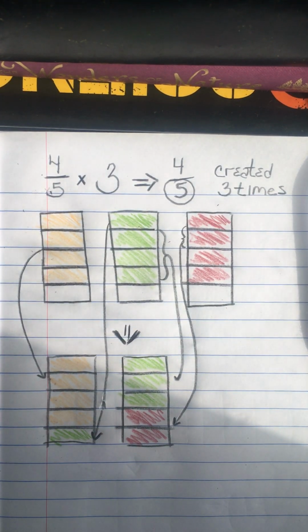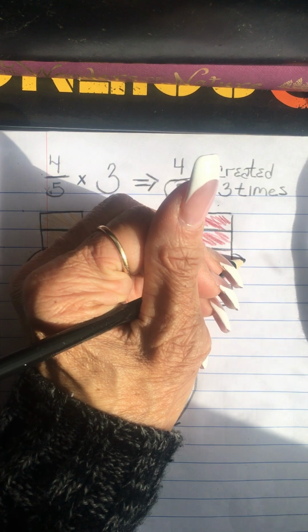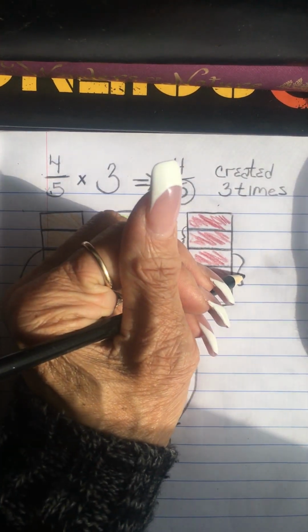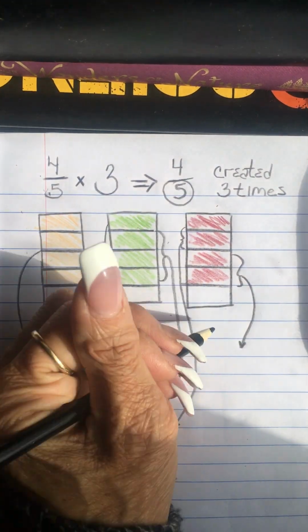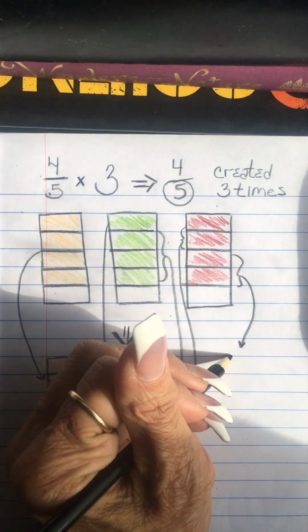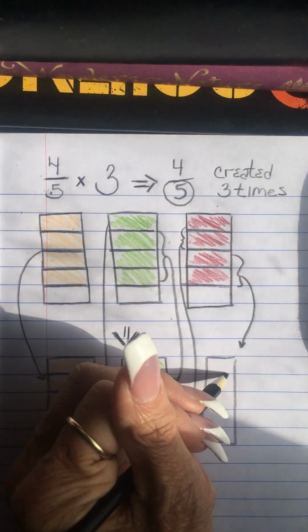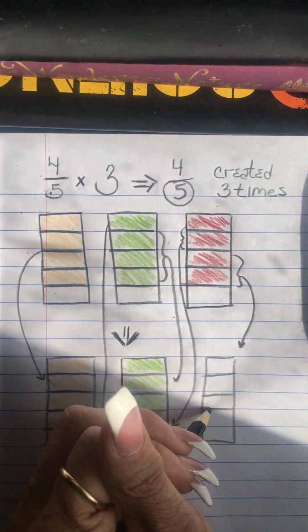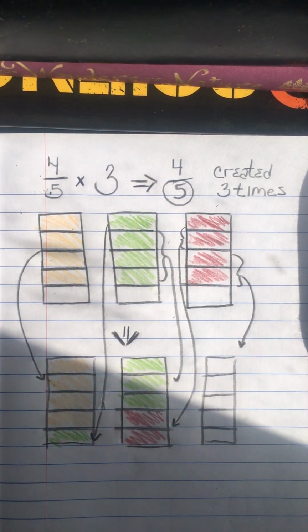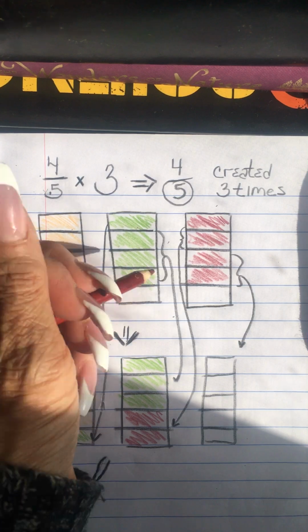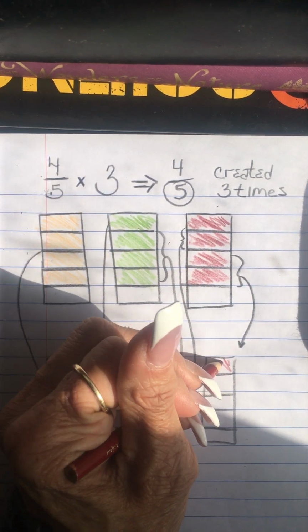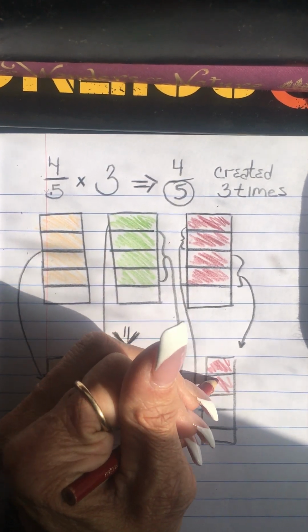But I've got 2 left. So that means that I have to create another unit, create 5 sections, and I've got to bring down these last 2 shaded areas.